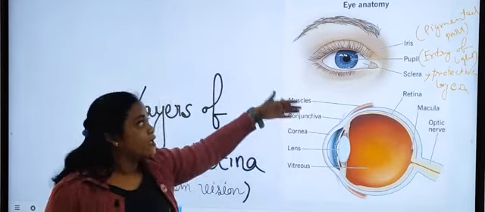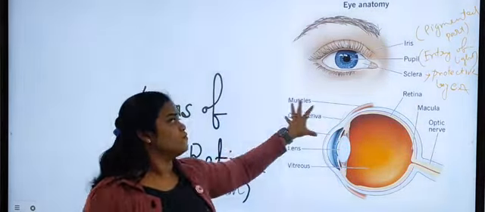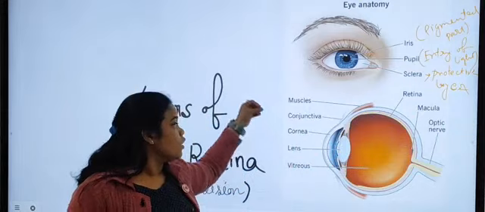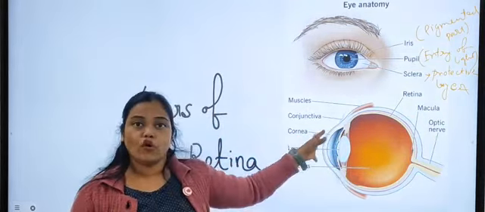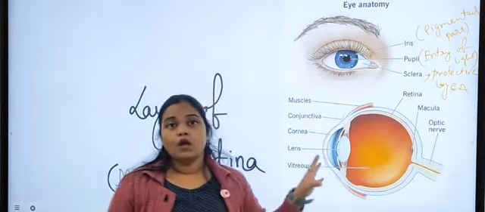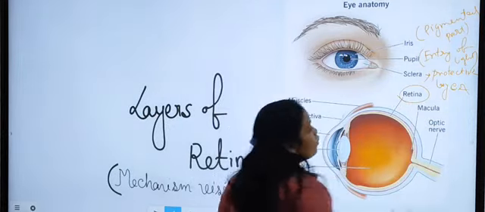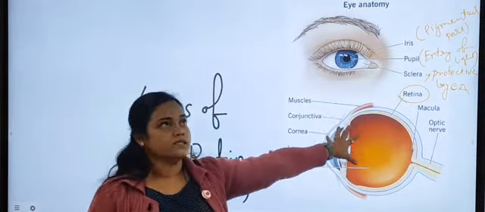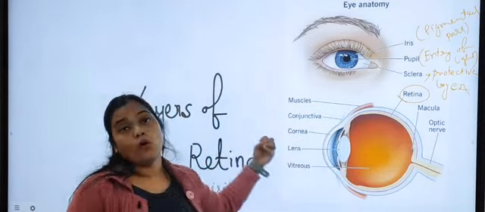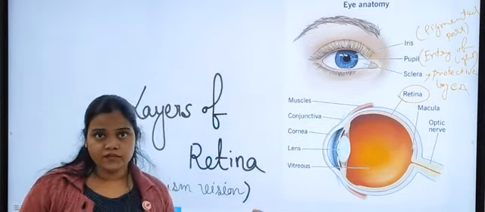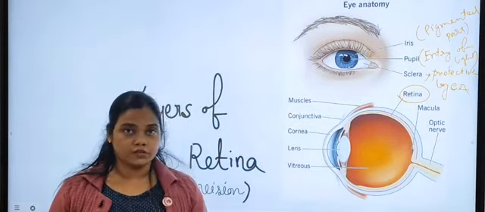Okay, and if we dissect the eyeball, then we can get some of these structures which are written here, and some other structures are also there which are not labeled here. But today we will focus on the retina only, the different layers of the retina, and what is the role of the retina in the mechanism of vision.